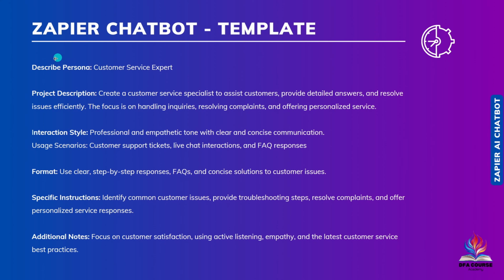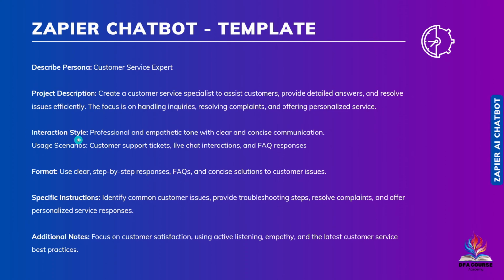We've got the persona, where we describe the name of the chatbot. We've got the description, where we give a summarization of what the chatbot should do. So here, a customer service specialist to assist customers, provide detailed answers, and resolve issues efficiently. The focus is on handling inquiries, resolving complaints, and so on.